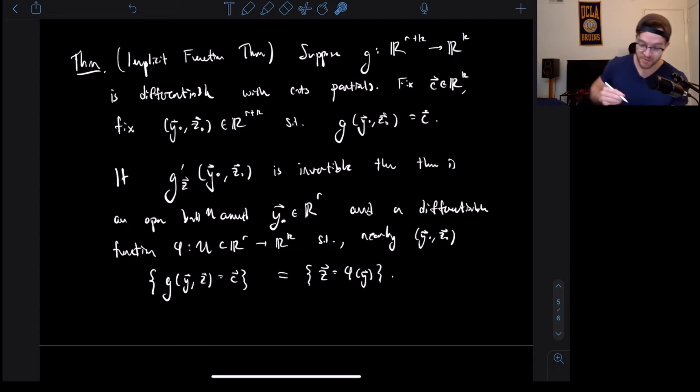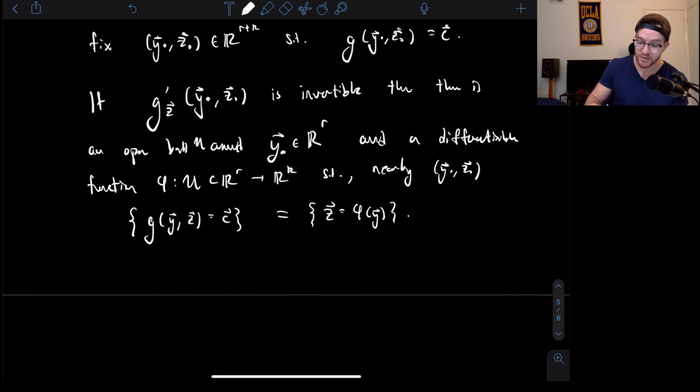There's a moreover part to this statement as well, which tells us about the derivative of phi.